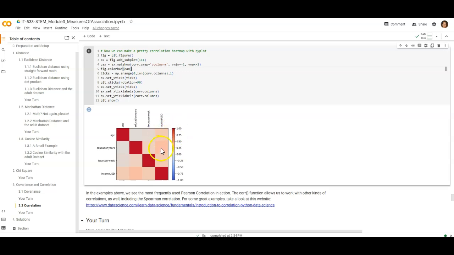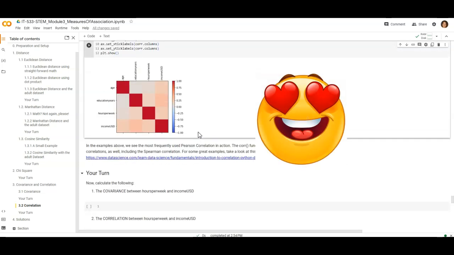Some of them are a little bit darker, that is a bit more positively correlated, more strongly positively correlated than others. That gives us a really quick, really good visual. And remember, in business, a quick picture says more than 1,000 words. So this is something really useful if you are ever in a business situation.